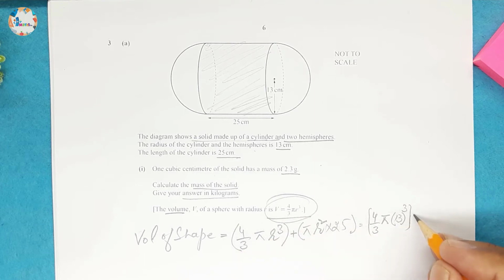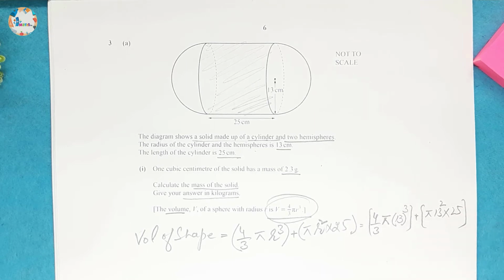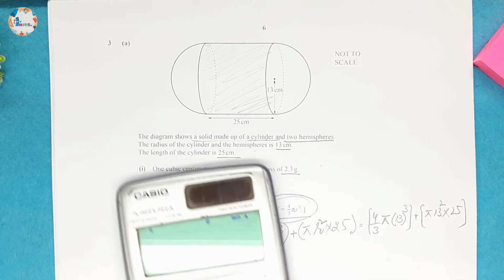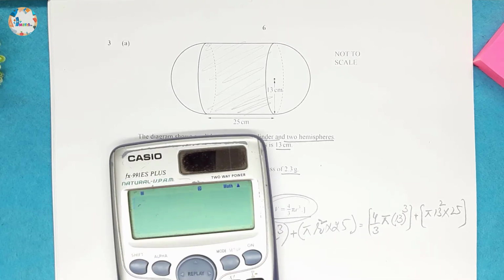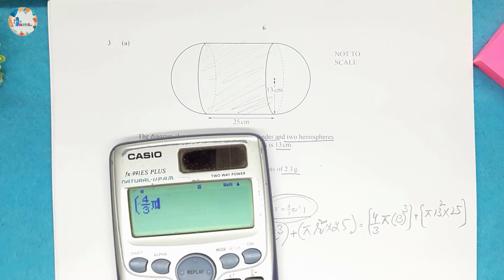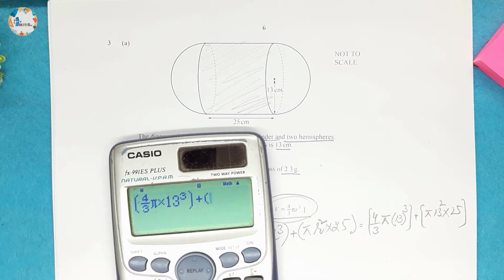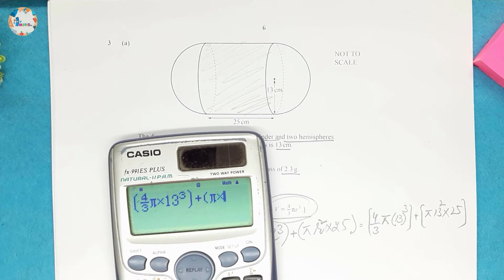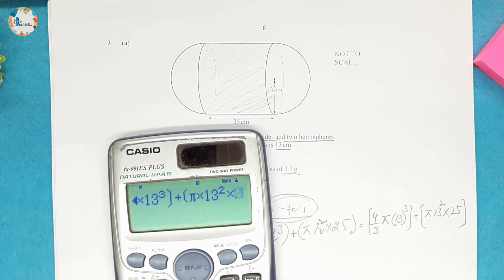This plus the second volume will be pi r squared, where r is 13. So pi into 13 squared into 25. This will be the length. Now we can simplify this. So 4 over 3 into pi, multiplied by 13 cubed, plus the second value, pi multiplied by 13 squared, multiplied by 25.